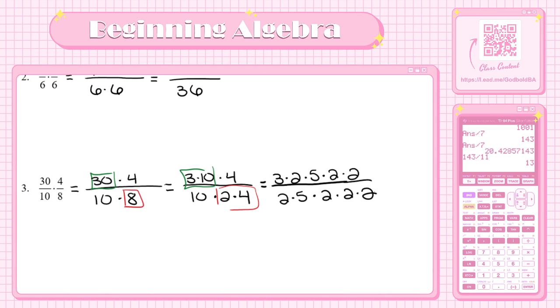Okay? And then this is kind of fun because you can go to town and just start crossing off lots of twosies. 1, 2, 2, 2, another 2, and 5. And then all you're left with is 3 over 2. So I could have started crossing here.